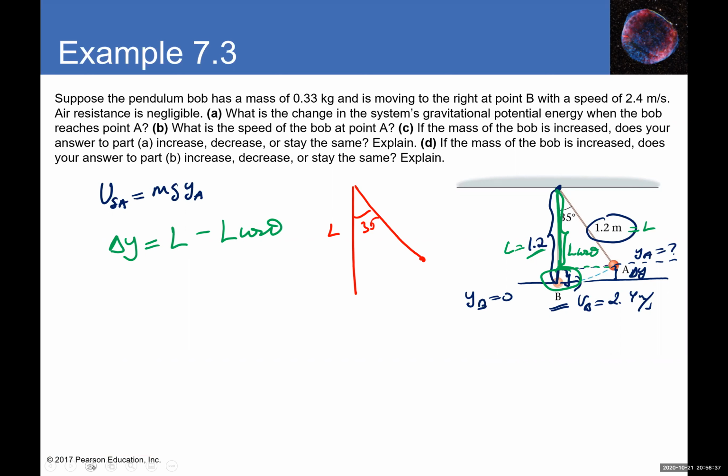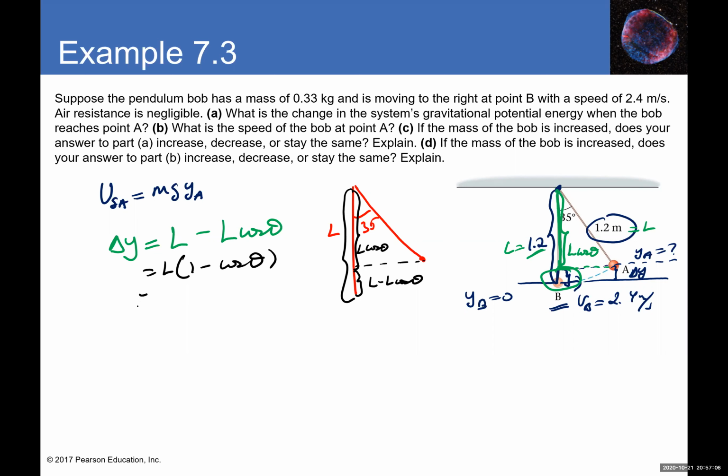Then this is the projection, which is L cosine theta. Since this is L and this is L cosine theta, their difference gives me this region, which is L minus L cosine theta. And that's my delta y. That means it's equal to L times 1 minus cosine of theta. So this is my YA.